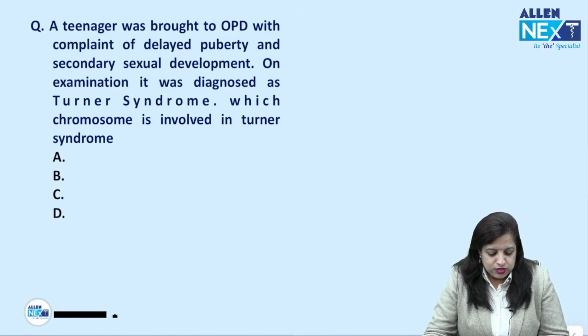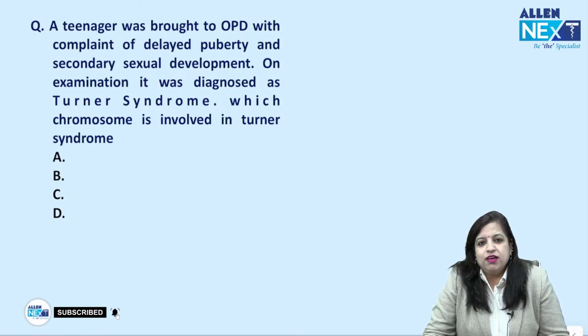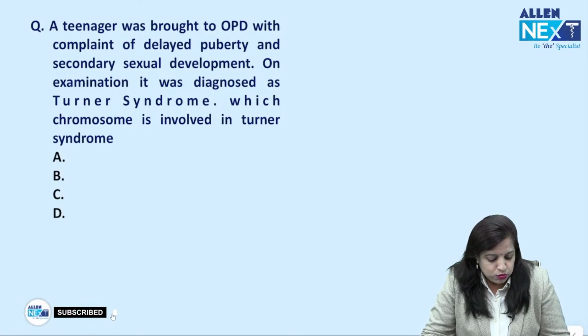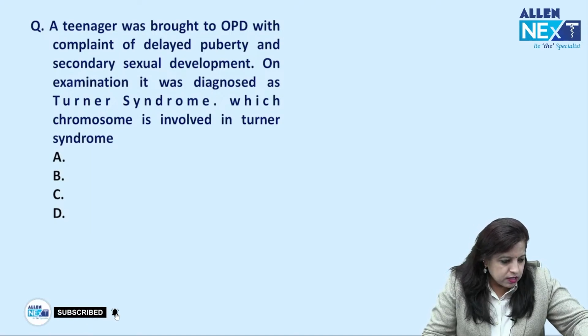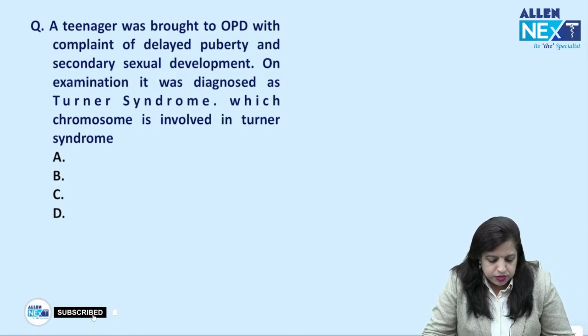The first question which came to me was, there were two questions on Turner syndrome, and I was so delighted because in the Guess the Paper series, that was the last topic I had very nicely covered with you. A teenager was brought to OPD with complaints of delayed puberty and secondary sexual development.